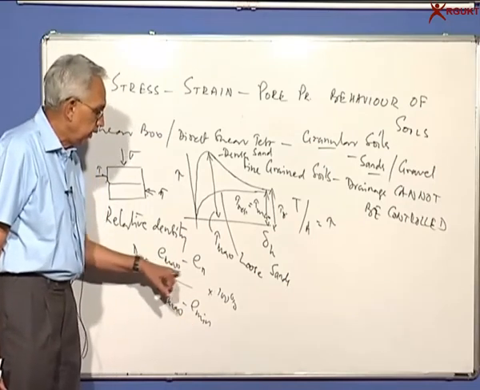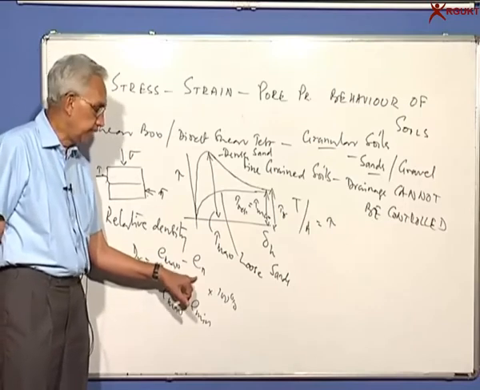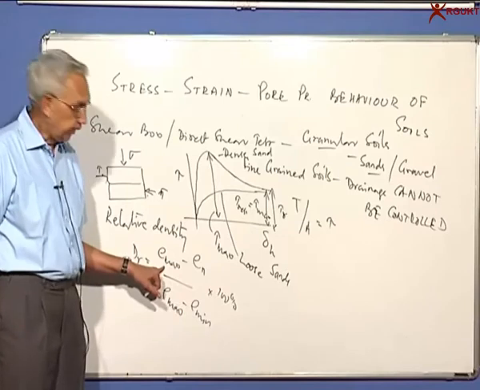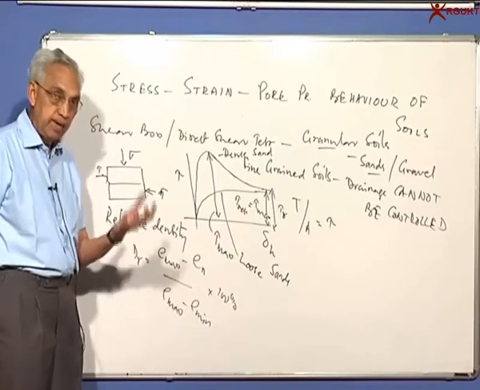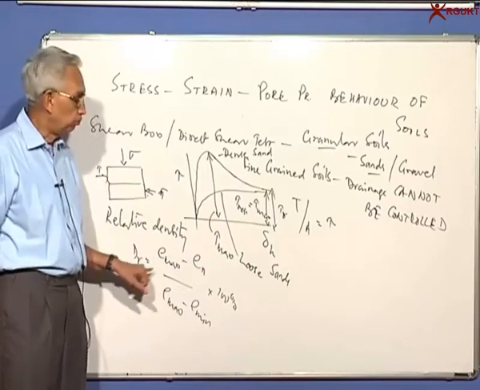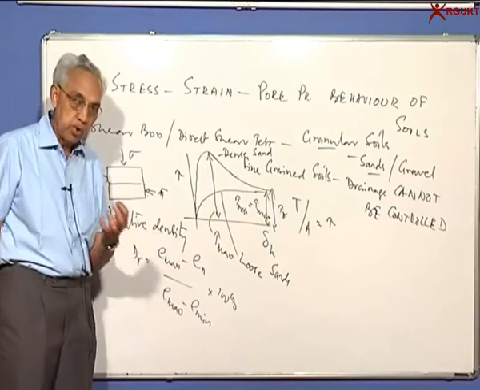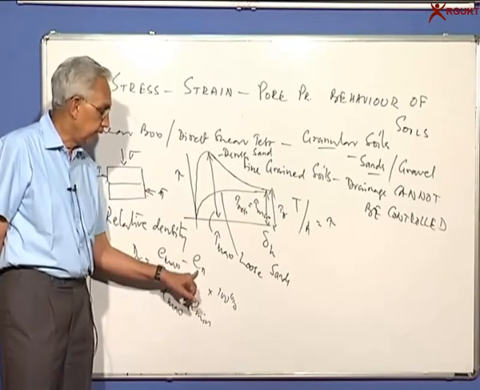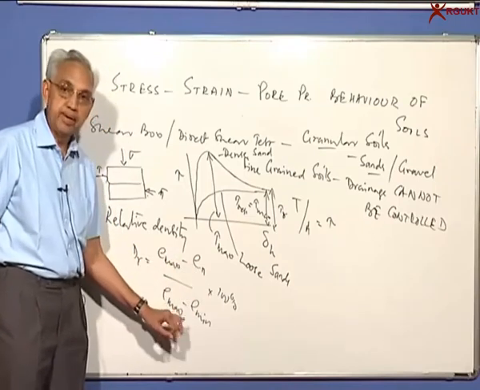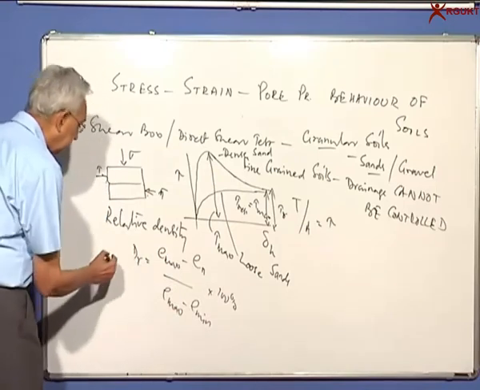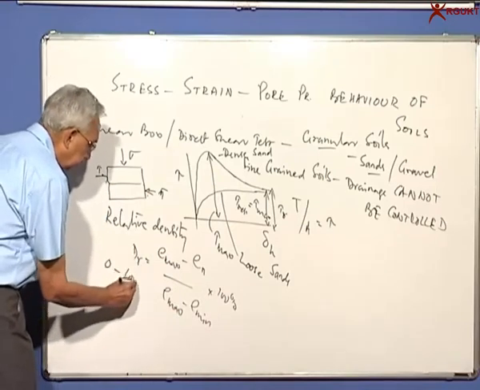If e in the initial stage or in the natural state is equal to the loosest state, e max, please note, a large void ratio means it's a very loose state, the relative density is 0. Whereas if you are able to compact it to the lowest void ratio, then the numerator and denominator are equal and the ratio is 1 or 100%. So relative density varies from 0 to 100%.